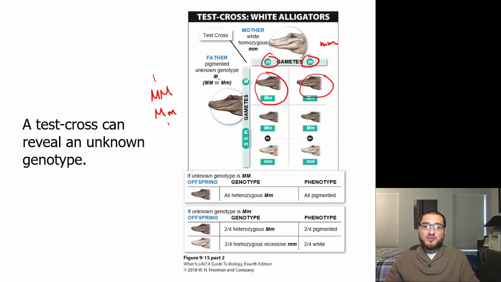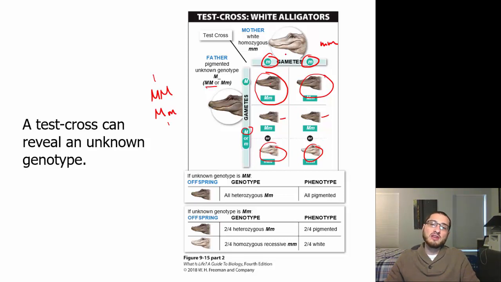But then if we have one that is going to have a second uppercase M, it's going to make two more, meaning 100% of the time, if they are homozygous dominant, it will be colored. If they're heterozygous, then we should see that 50% of the time, you're going to have these colored ones. The other half of the time, you're going to have these albinos.